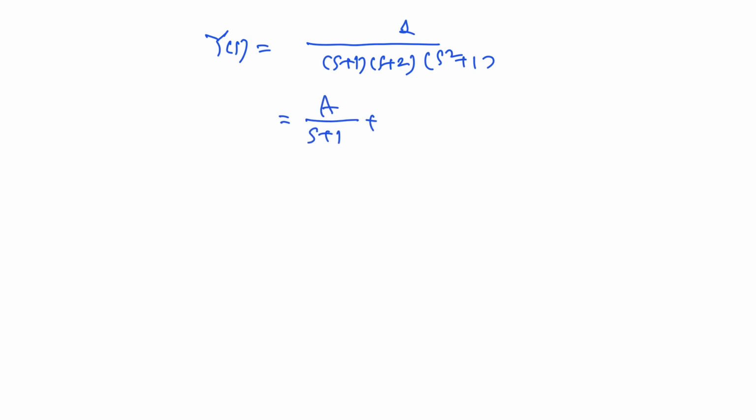Okay, so Y(s) is actually 1 over (s plus 1)(s plus 2)(s squared plus 1). So this is actually A over s plus 1, B over s plus 2, plus (Cs plus D) over s squared plus 1, right? Using partial fraction.